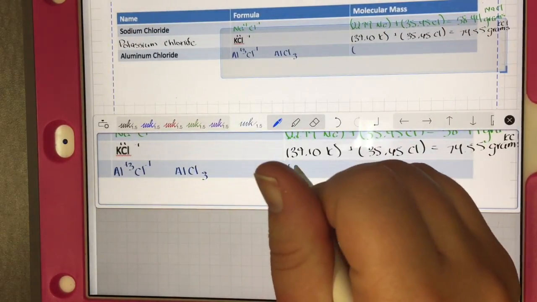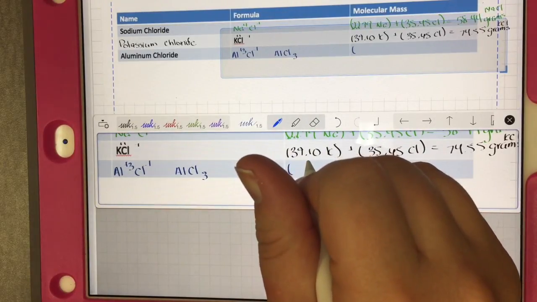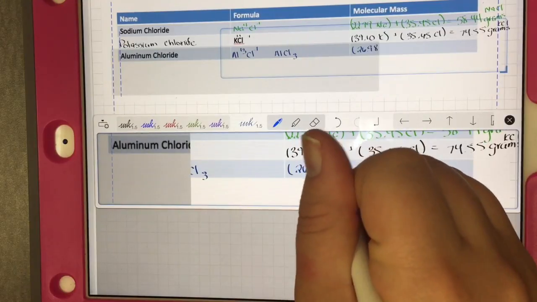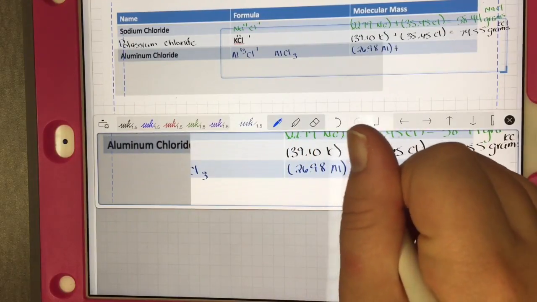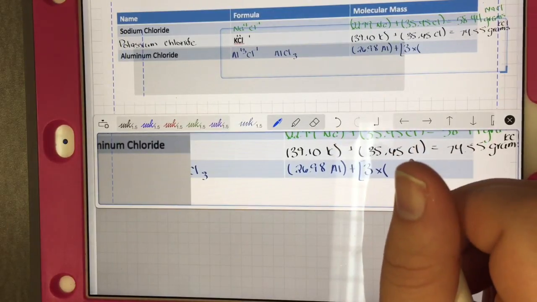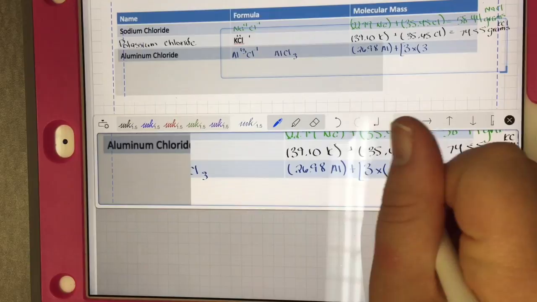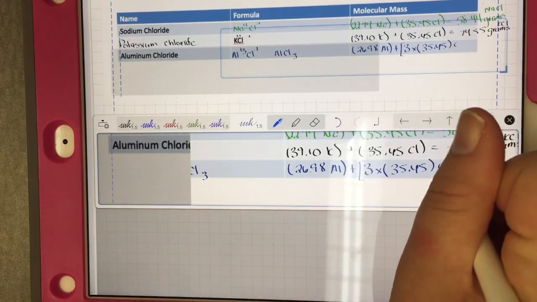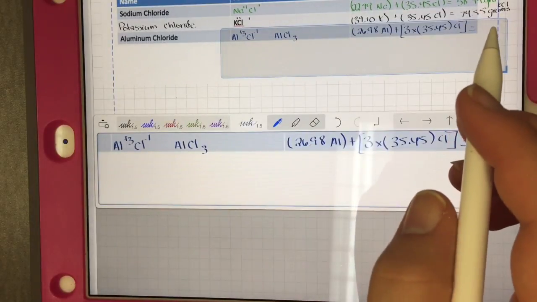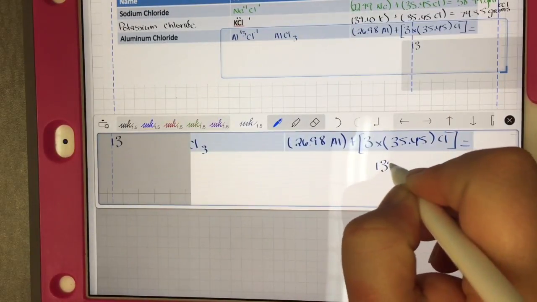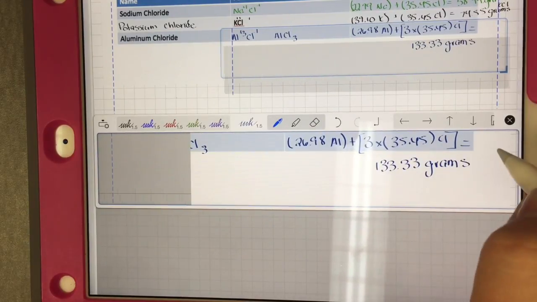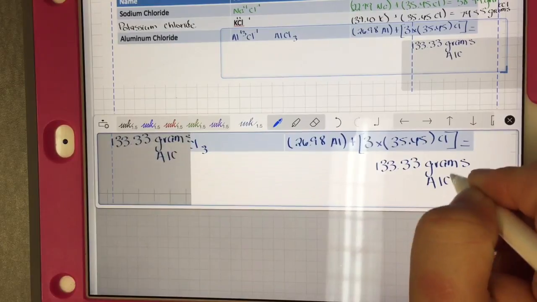And so when we find our atomic mass, it's going to be aluminum, which is 26.98 grams, plus 3 times, right, because we have 3 chlorines, 3 times 35.45 for chlorine. And that's going to be about 133.33 grams of AlCl3.